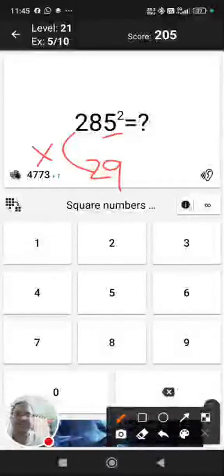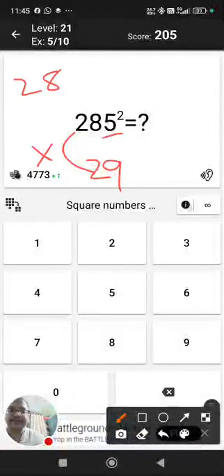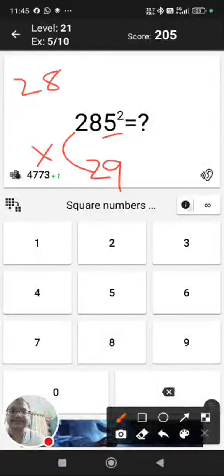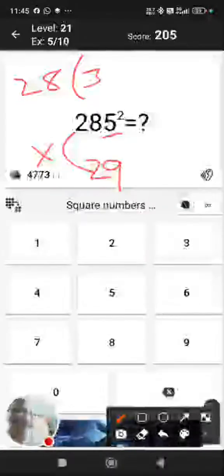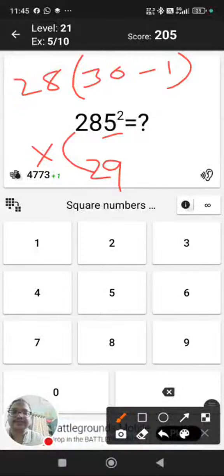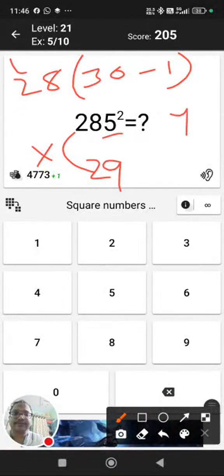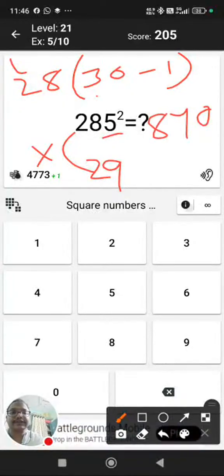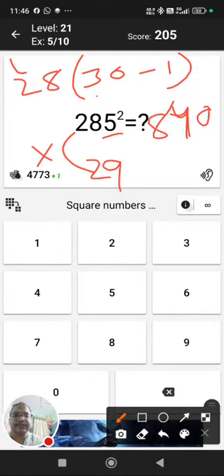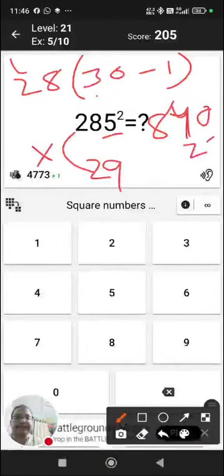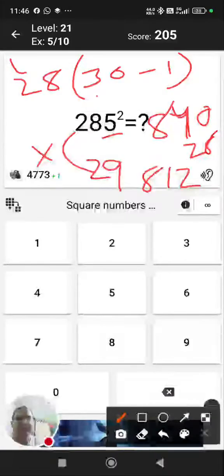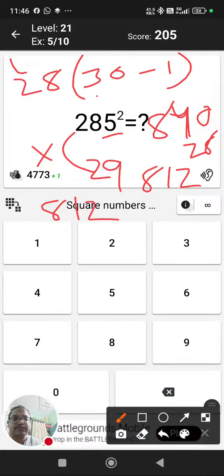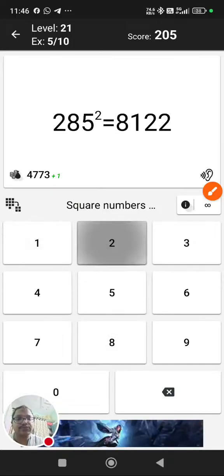We need to multiply these two, so instead of 28 and 29 we write this as 30 minus 1, so we get 8 3 times 24, 3 2 times 6 plus 2, 840, so 840 minus 28, which will be 812, and 25, so the answer will be 81225.